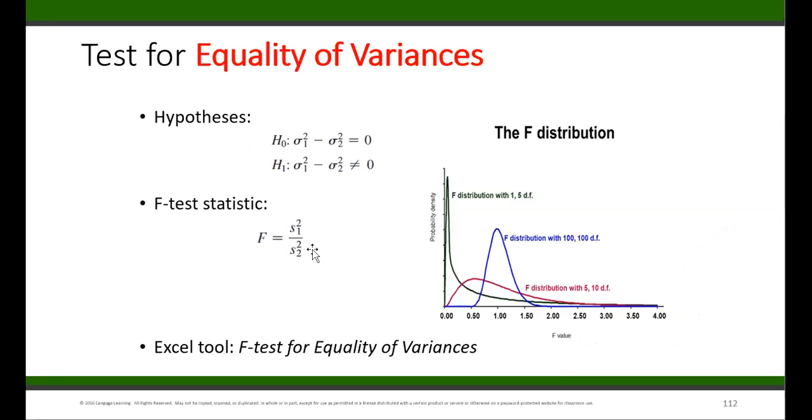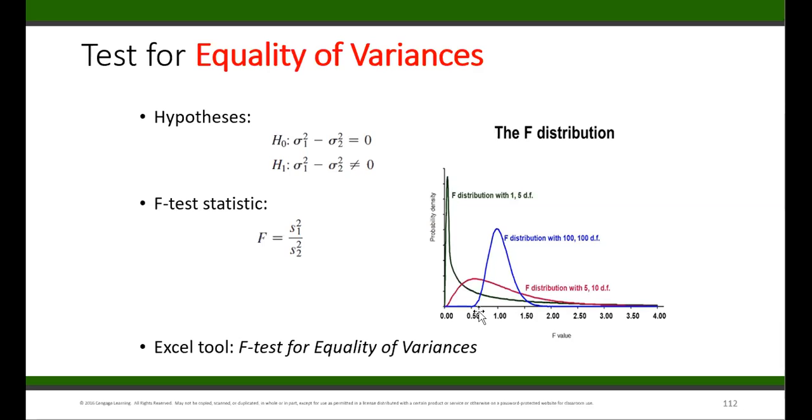And this test statistic follows the F distribution. Unlike the other types of tests we've been talking about so far, like the T distribution and the standard normal distribution, the F distribution is not symmetrical around 0.